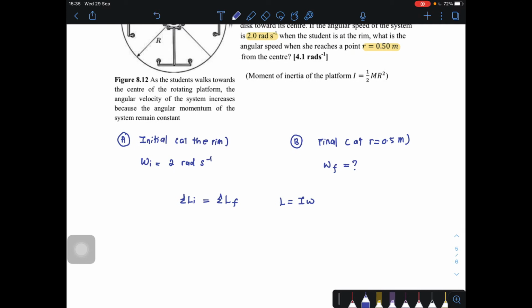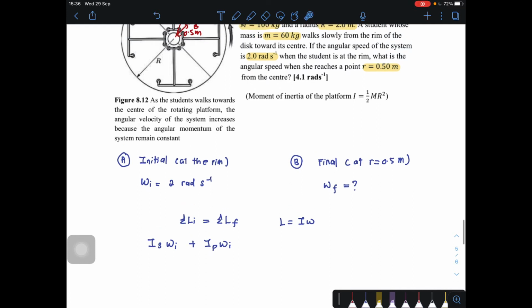So we have moment of inertia of the student, initial angular momentum tambah dengan moment of inertia of the platform with the initial angular momentum.